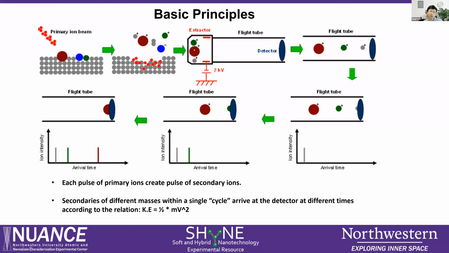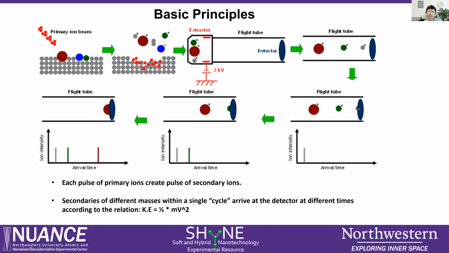The positive ions can move, and you see they move at different speeds, because the primary ion gives these fragments a fixed energy. Based on the mass, the velocity of the fragment is different. So the light masses get detected first, and the heavy ones are slower.